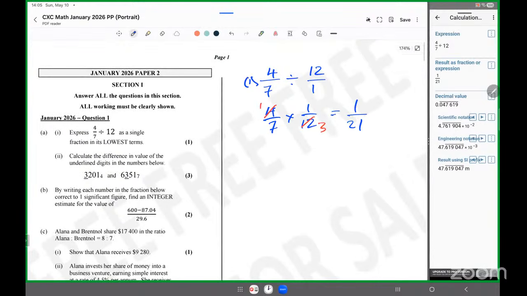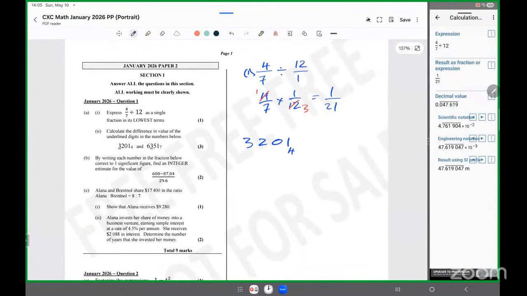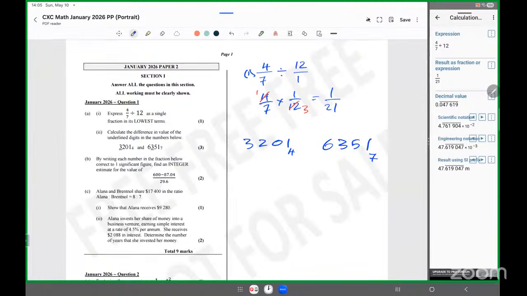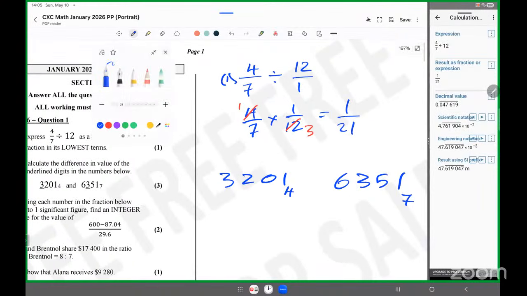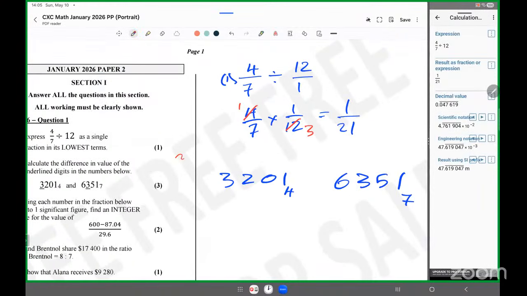So for part 2, we have 3201 to base 4, and we're comparing that with 6351 to base 7. Now I'm going to put on the place values here for you.